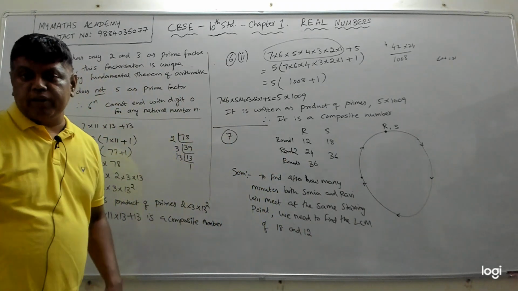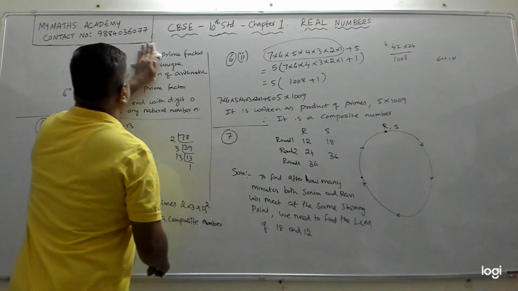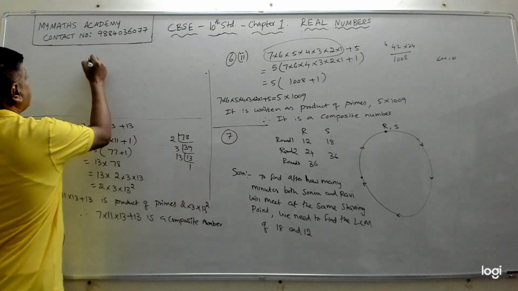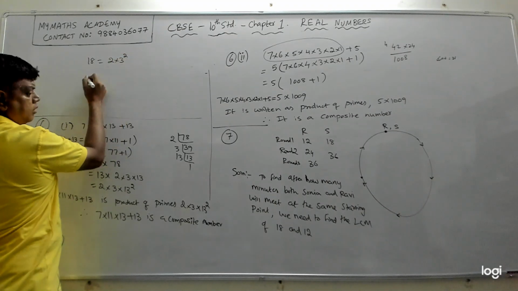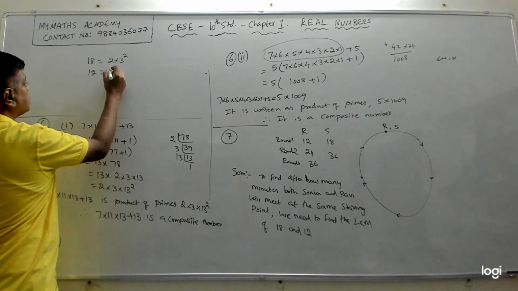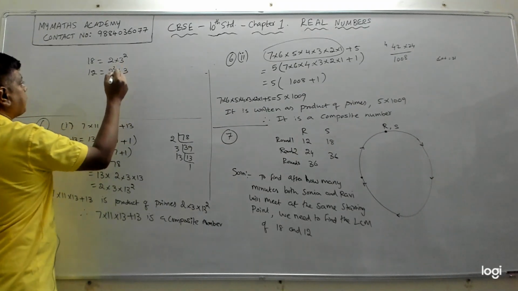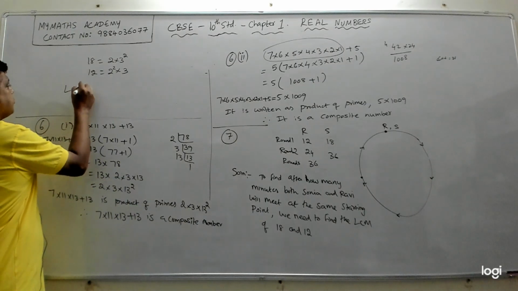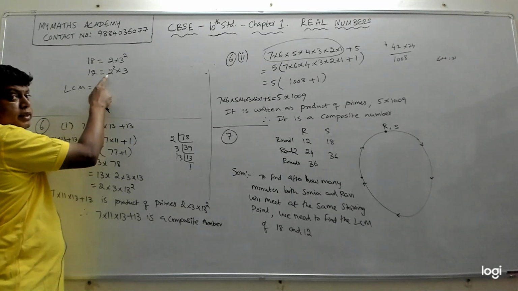So now, how do we find the LCM of 18 and 12 using prime factorization? 18 can be written as 2 into 3 square. 12 can be written as 2 square into 3. To find the LCM, if a number is present in both, we take the highest power.